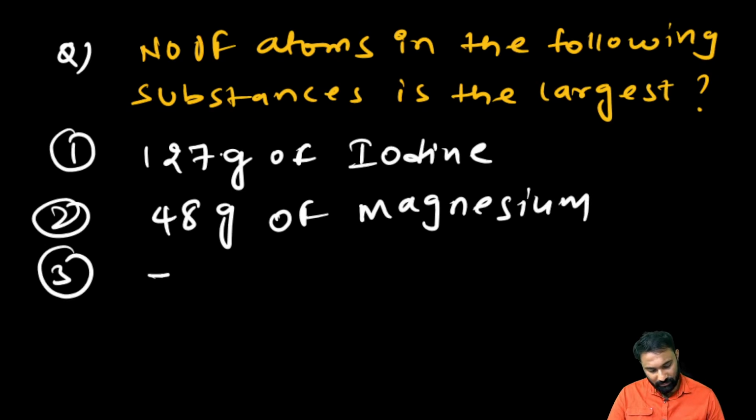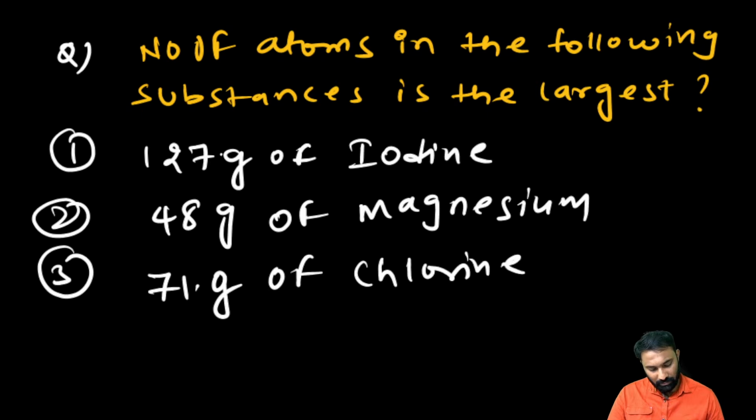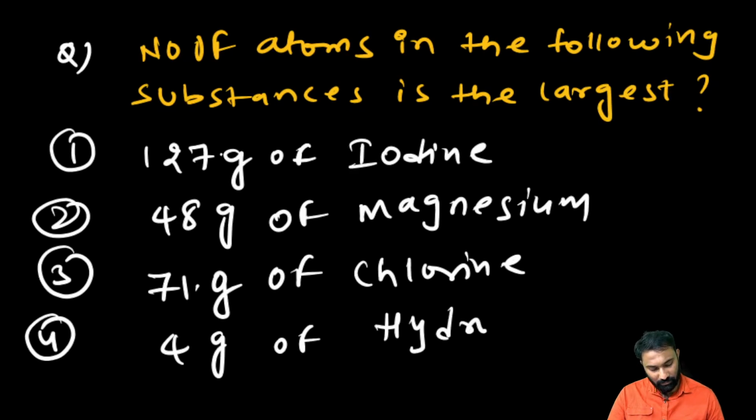Third one, 71 gram of chlorine. Fourth one, 4 gram of hydrogen. Now say me the answer.